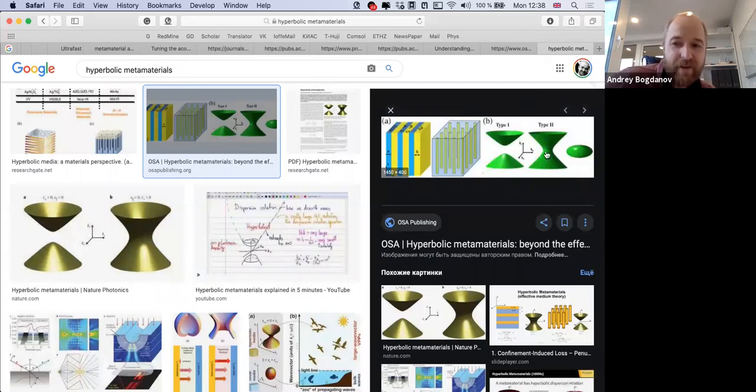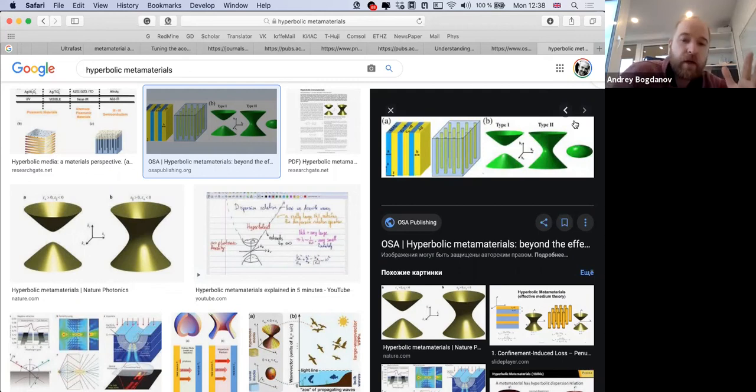Because if the wave number is huge, the wavelength is short, and when the wavelength is comparable with the period, you cannot apply the effective medium approach. You work in a photonic crystal regime.